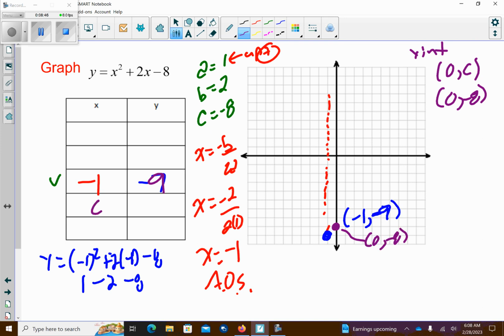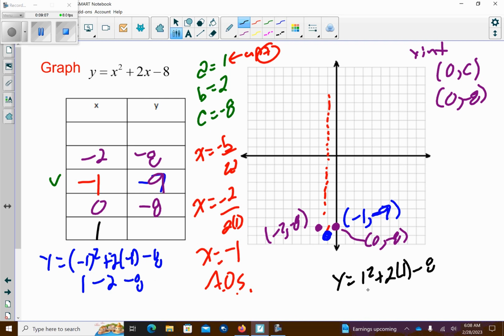So that's 1 to the right. If I go 1 to the left, I get to -2. That's also going to give me -8. So -2, -8 is down here. And then I'm going to plug a 1 in, see what we get. So I'm going to get y equals 1 squared plus 2 times 1 minus 8. 1 squared is 1 plus 2 minus 8.